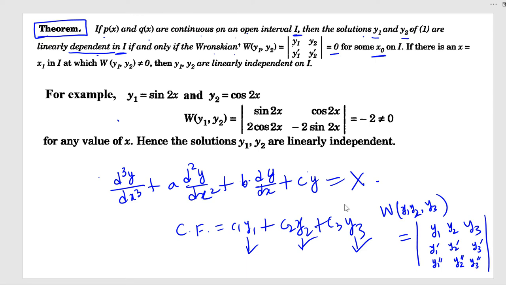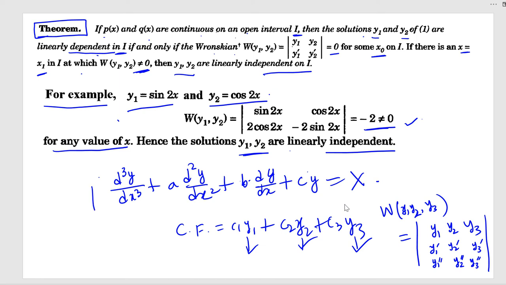If there is one x1 on that interval for which it is non-zero, then y1 and y2 are linearly independent. For example, if you take y1 equals to this and y2 equals to this one, then the Wronskian will be -2, which is non-zero. So for any value of x, y1 and y2 are linearly independent.